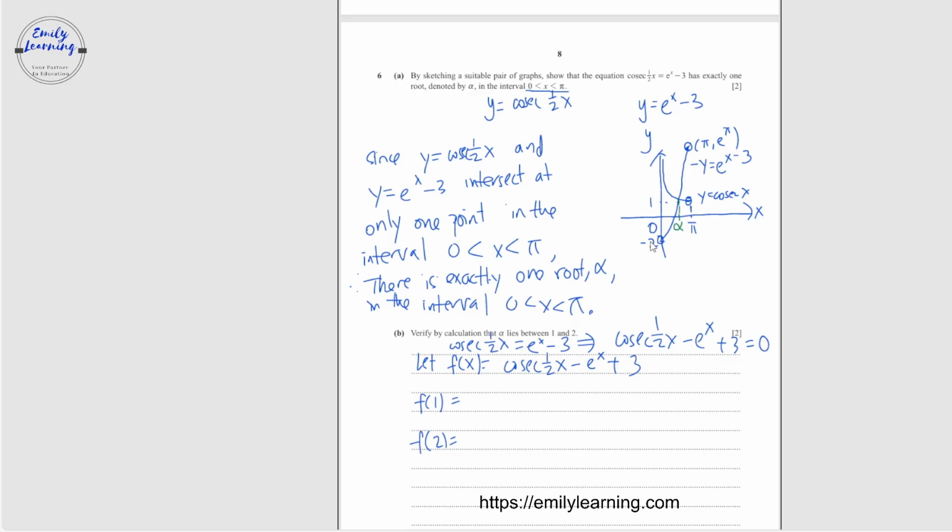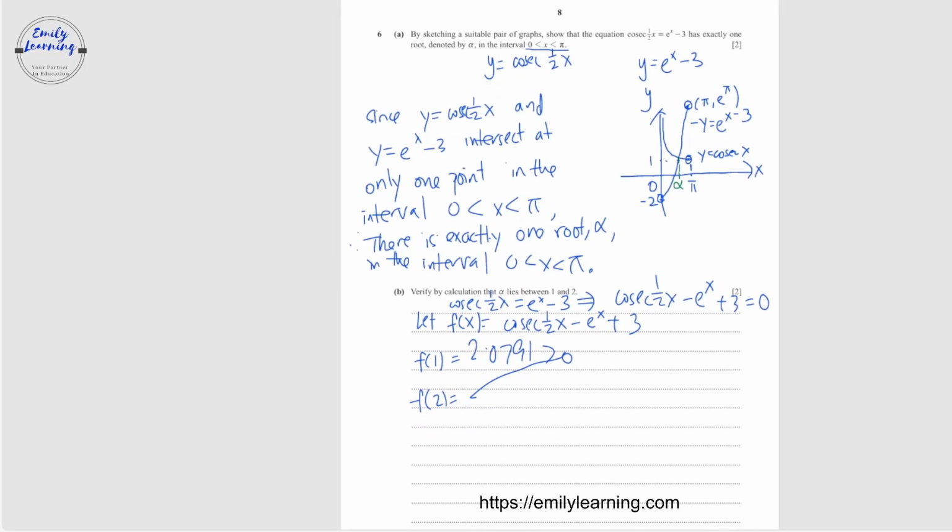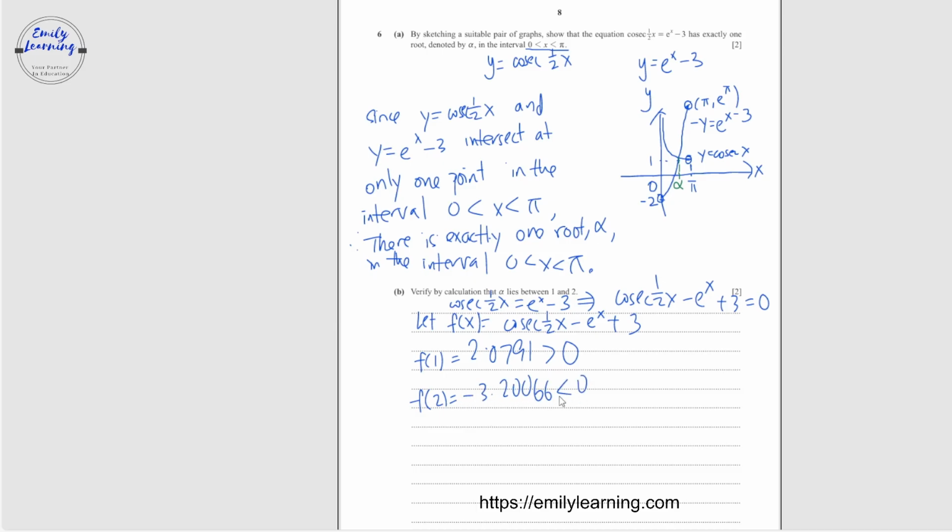And I know that f(1) is 2.0791, which is more than 0. How about f(2)? I get negative 3.20066, which is less than 0.